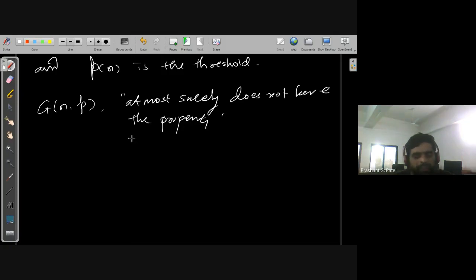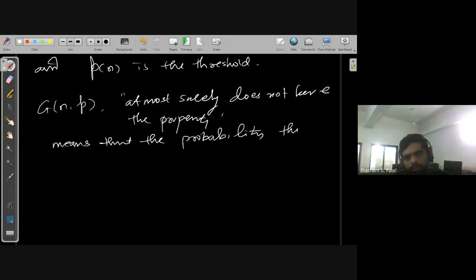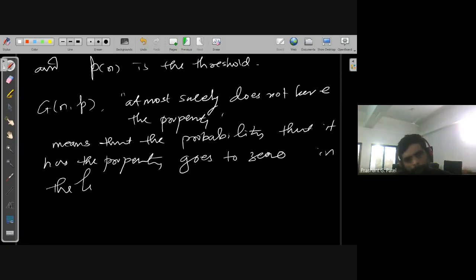It means that the probability that it has the property goes to 0 in the limit as n goes to infinity.